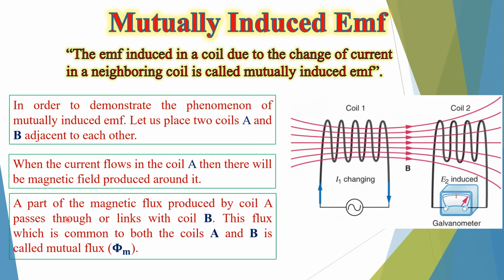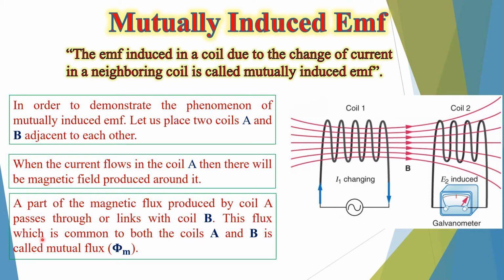A part of the magnetic flux produced by coil A passes through or links with coil B. The flux produced by this coil is also passing through the other coil.